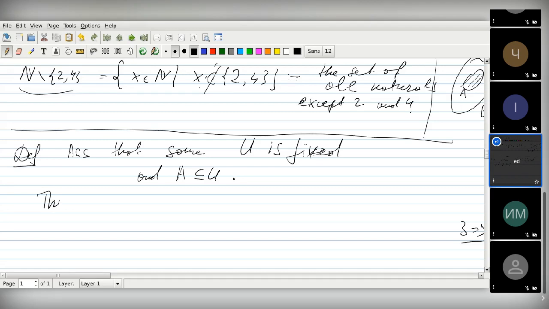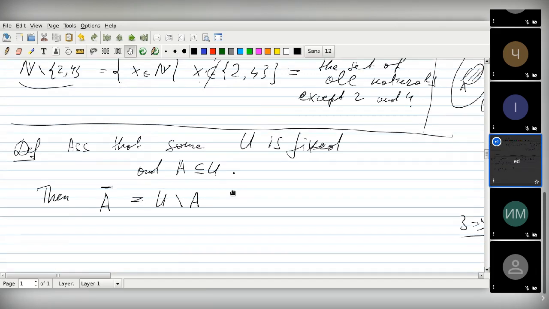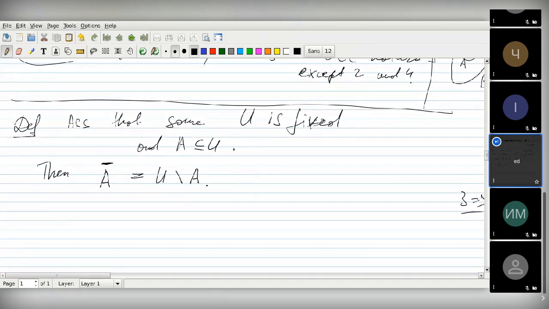Then we define this set, which is denoted by a overlined, as u minus a. That is all elements of u which do not belong to a. And this set is called the complement of a to u, say.